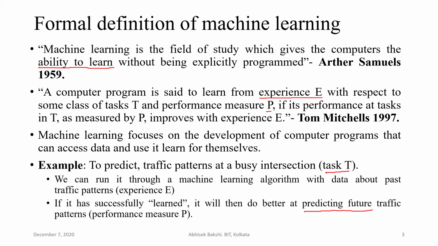So if we are able to keep some statistical function that considers the temperature in the month of December for a number of past years, those are actually the experience.